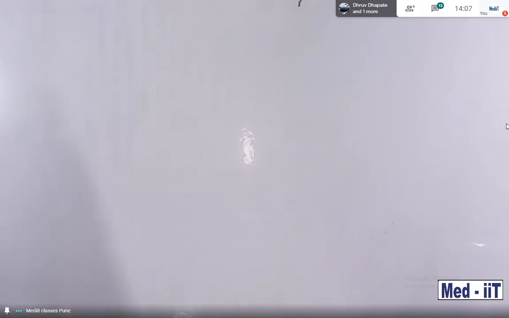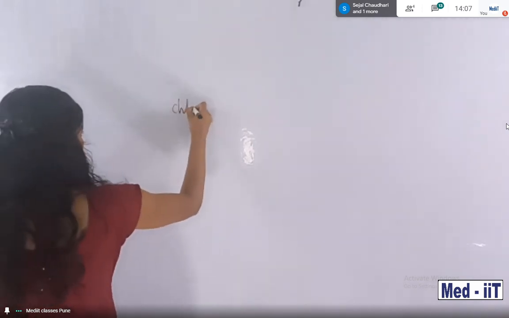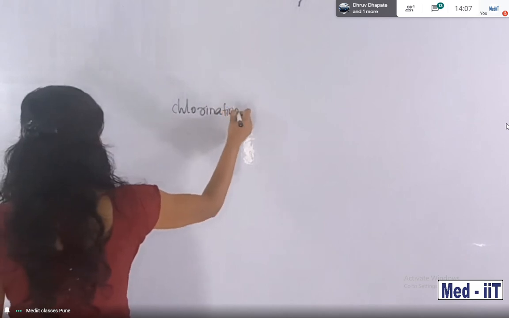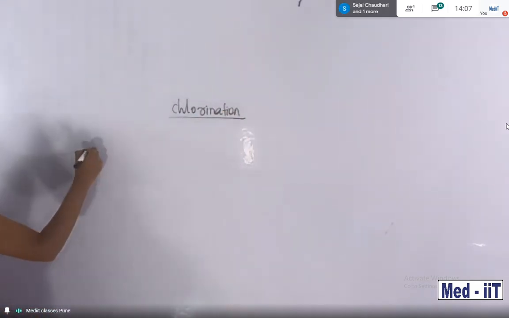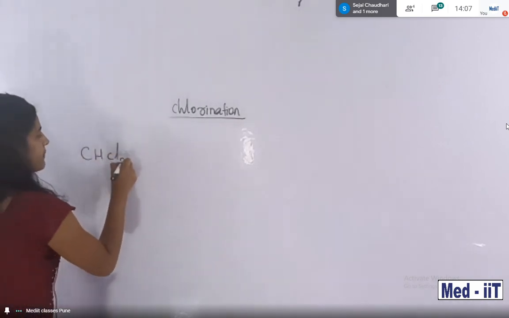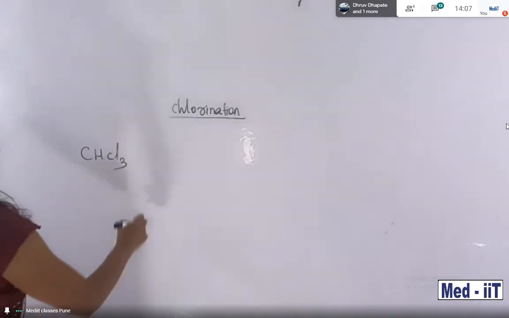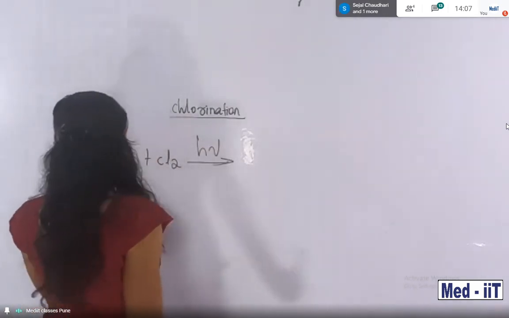Next one, chlorination. Okay, in chlorination, students, we can see CHCl3 is with you, then Cl2 under light, we already did this one.